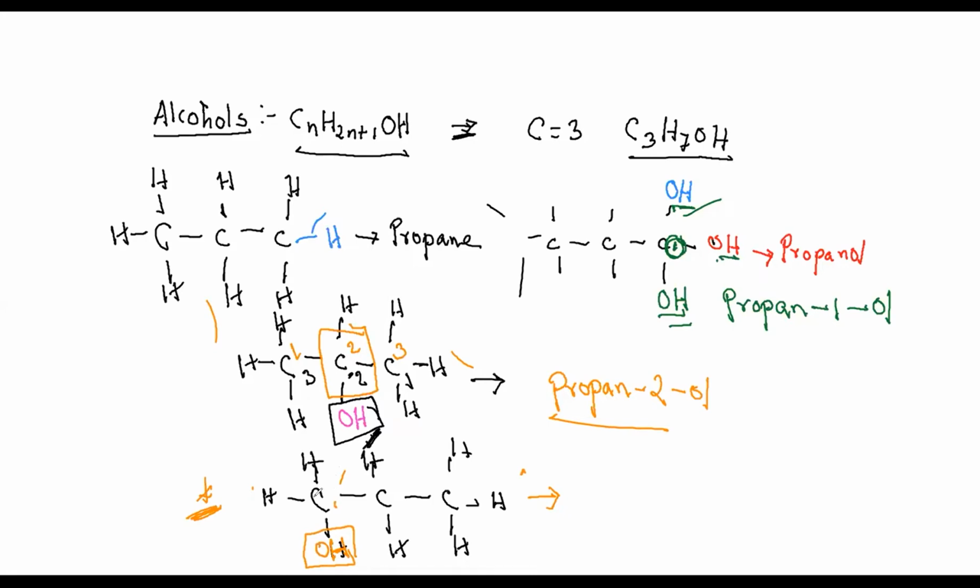Since we are starting numbering from here and this is our first carbon, this will also be propan-1-ol. Clear? So how many isomers does propanol have?